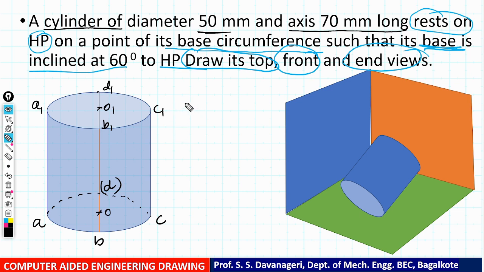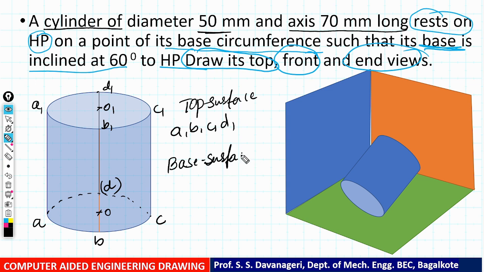Now let us observe here. Top surface quadrant points are A1, B1, C1 and D1. Base surface quadrant points are A, B, C, D.